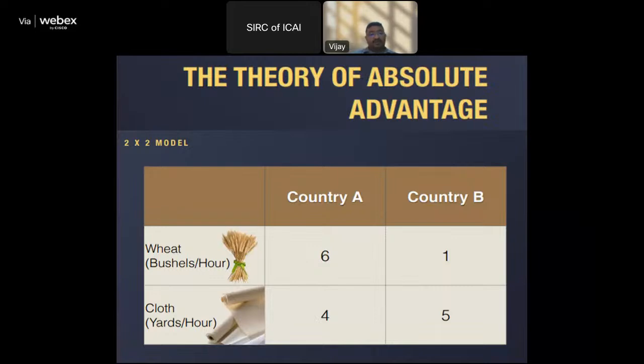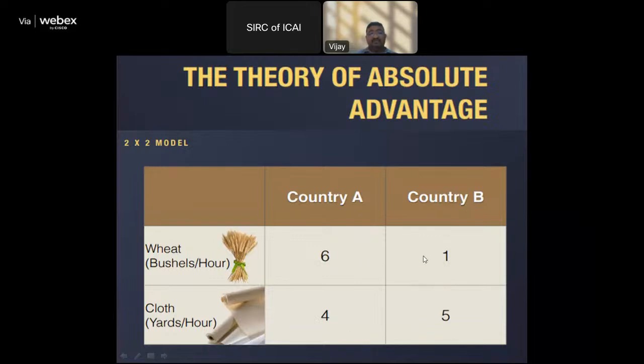Country B can produce 5 yards of cloth per hour compared to only 4 for country A. So country A should produce wheat because it can produce more wheat than country B, and country B can produce more cloth than country A.